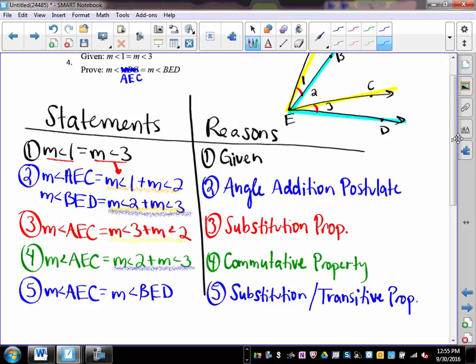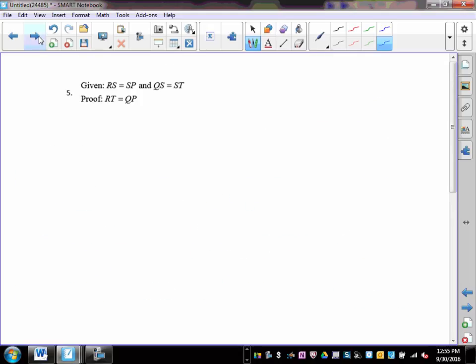All right, let's take a look at the last one. Yeah, we're going to draw another picture. In general, you will not be drawing pictures. It just takes a ton of time to draw the picture, and last night it was already late, so they can draw their own.